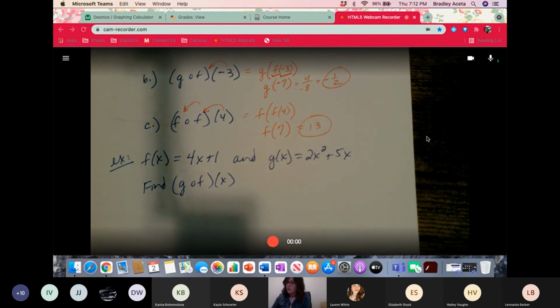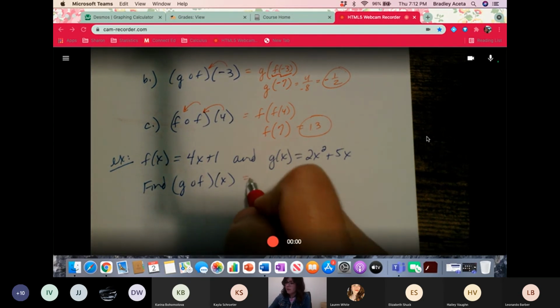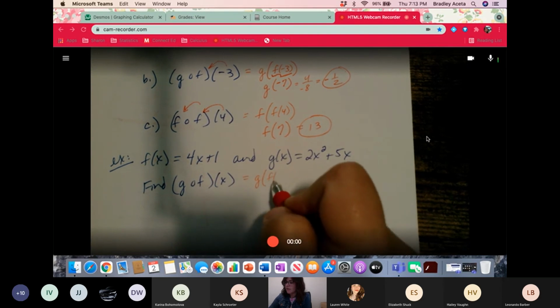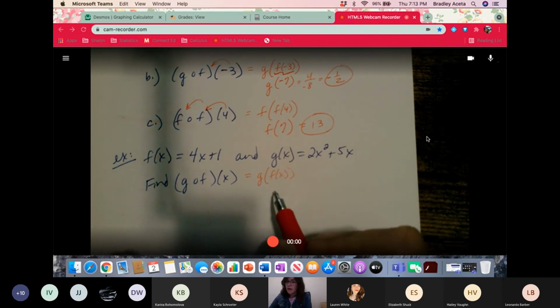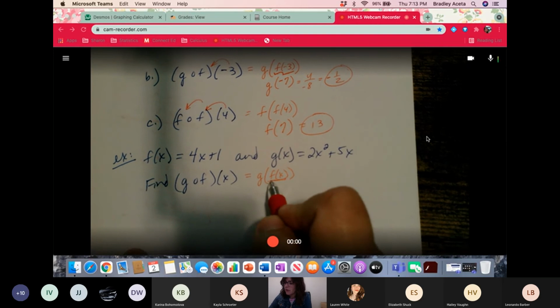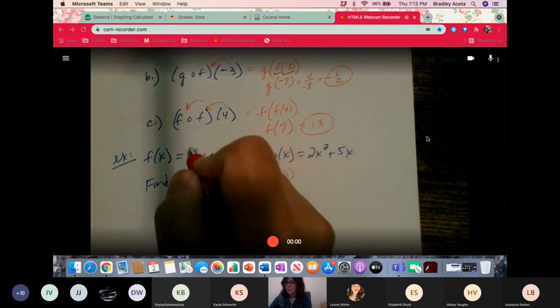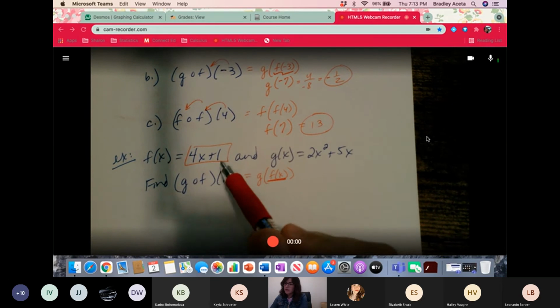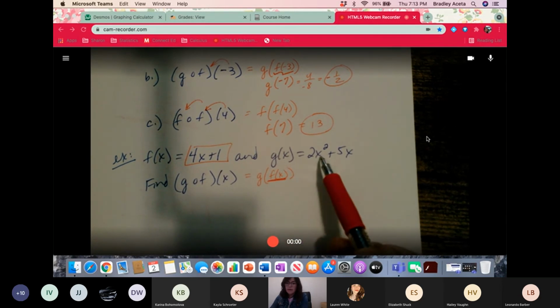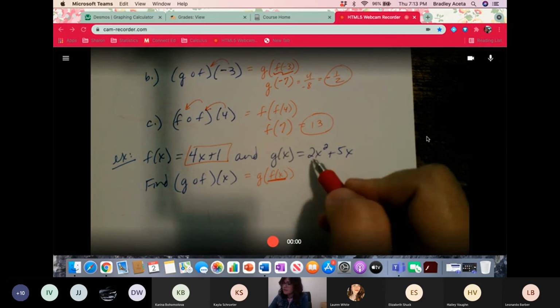Okay, so I want to take the g of the f of x. That means I'm going to take my entire f of x function, this guy right here, and I'm going to plug him into the g everywhere I see an x.